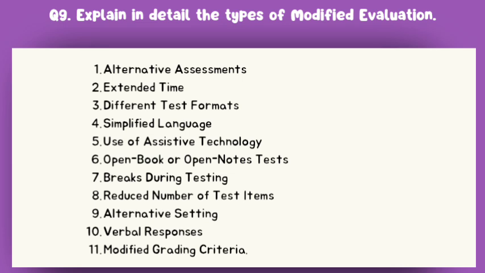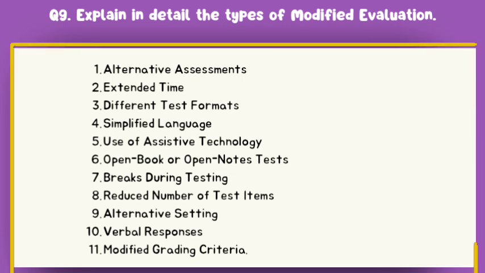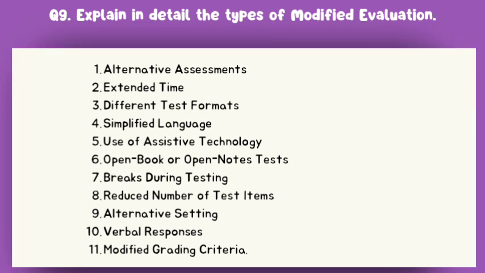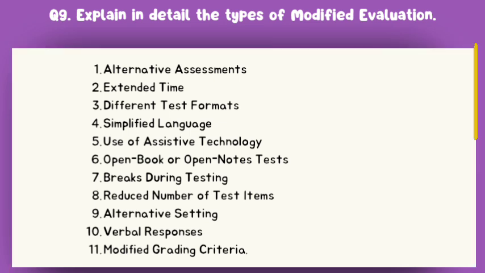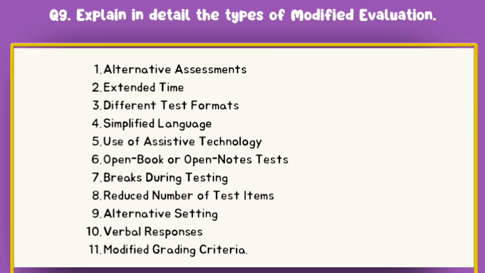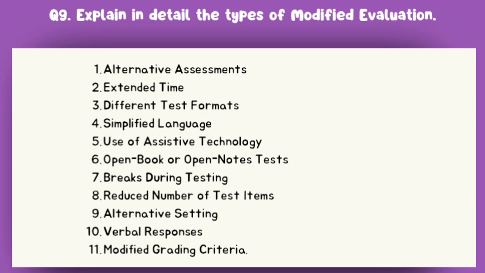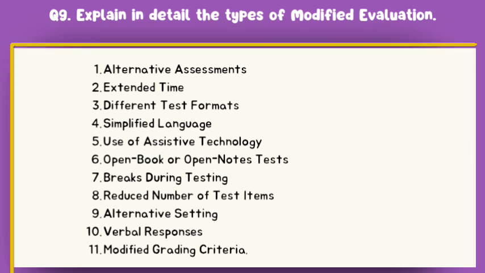And the next modified evaluation can include reduced number of test items. The number of questions or tasks on an assessment is reduced. Another modification can be alternative settings, that means testing in a different environment that minimizes distraction and provides a more comfortable setting. Another modification can be verbal responses, asking students to provide verbal rather than written responses.